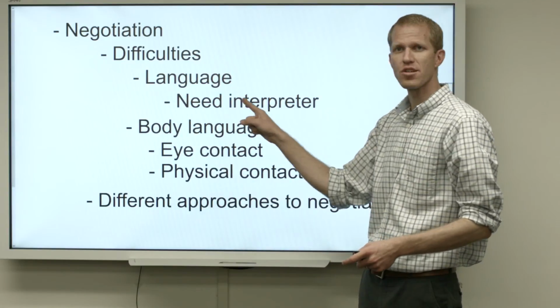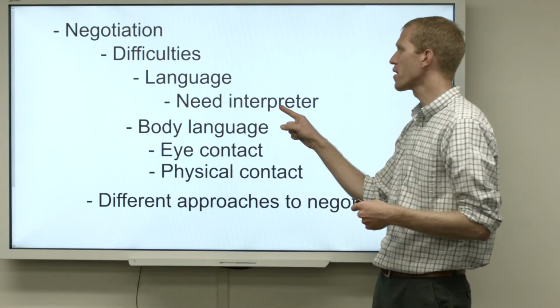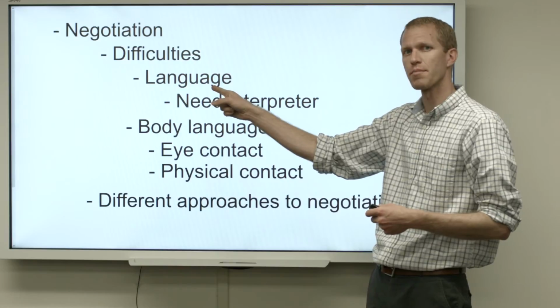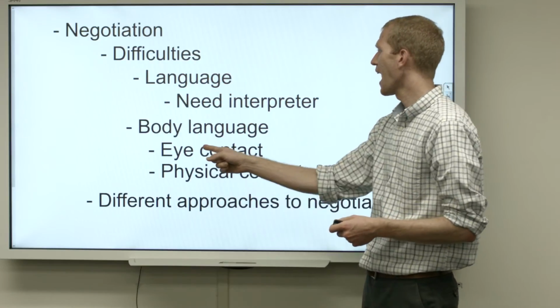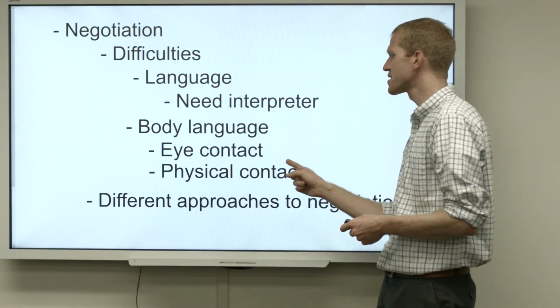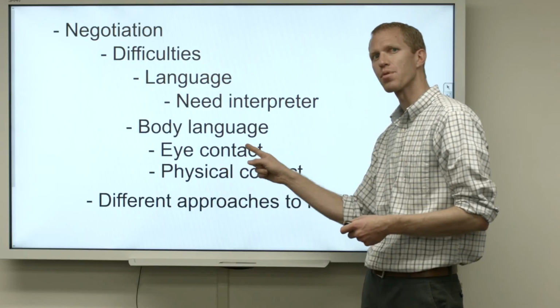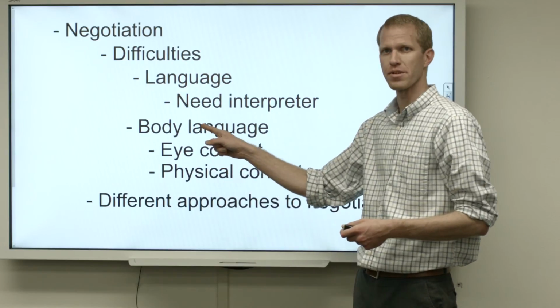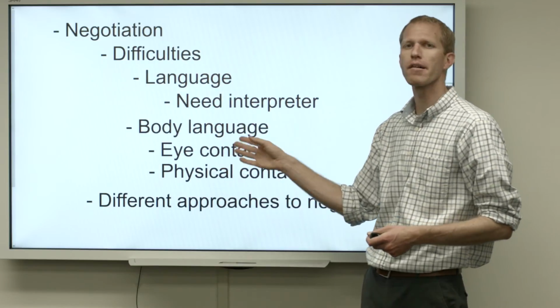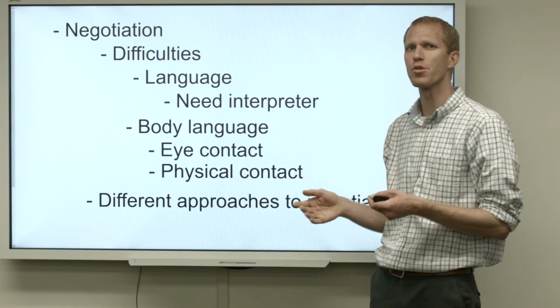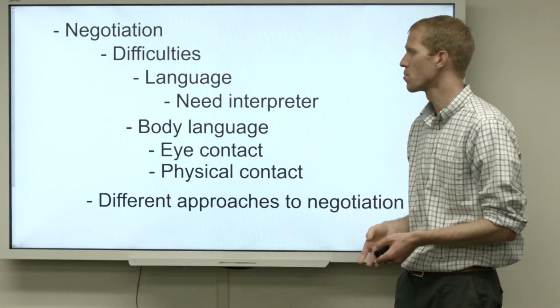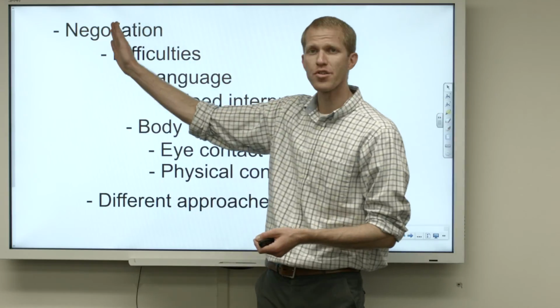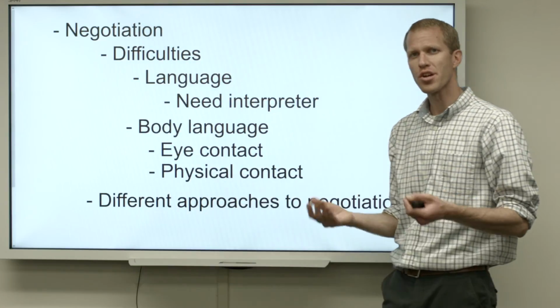The need for an interpreter was an important point that was made when talking about language. Eye contact and physical contact were examples of body language. You see how hierarchy helps in the relationship of ideas when you're listening? If you have your notes all in one line, you're going to miss that.